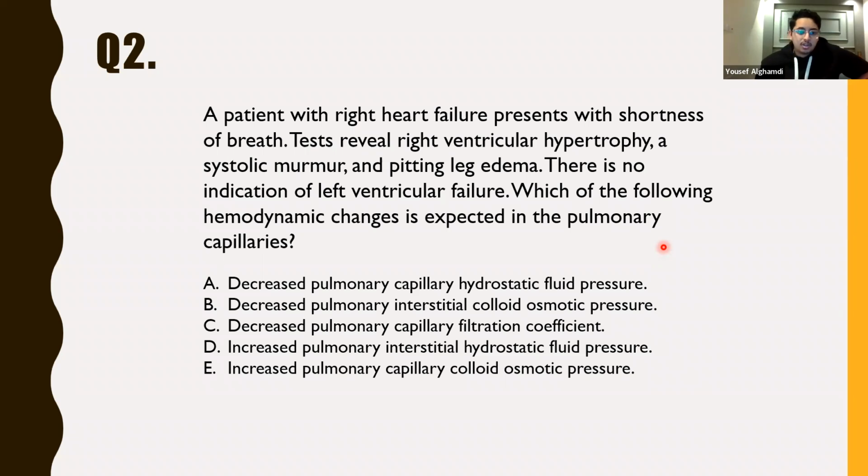There is no indication of left ventricular failure. Nothing wrong with your left ventricle. So the right heart failure is not because of left ventricular heart failure, like we mentioned before. Left heart failure can cause right heart failure, right? So it's not because of this. Which of the following hemodynamic changes is expected in pulmonary capillaries because of right heart failure?